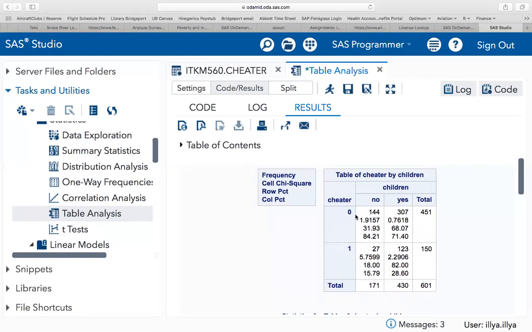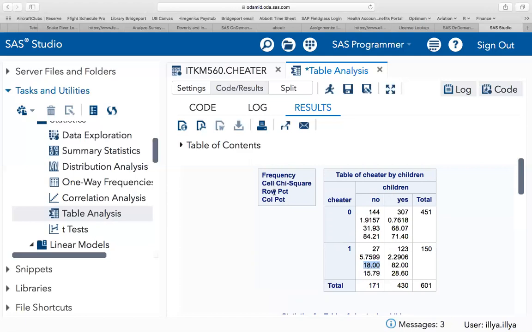Our area of interest is this cell over here, the cheater and the yes with children, or the no. Let's see, which one cheats more? People without children. Look, I'm looking at the column percent.